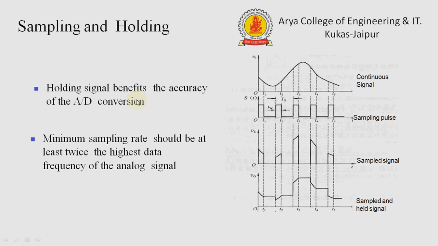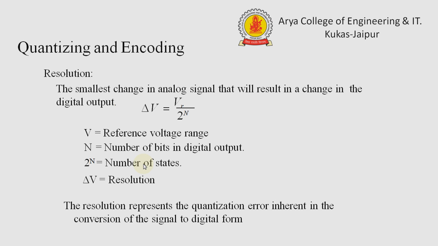Basically the holding benefits the accuracy of AD conversion because it holds the signal for levels, and the minimum sampling rate should be at least twice the highest data frequency of the analog signal. This is also known as the Nyquist criteria, or the sampling rate of signal.